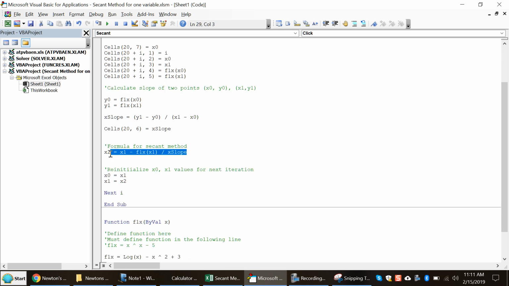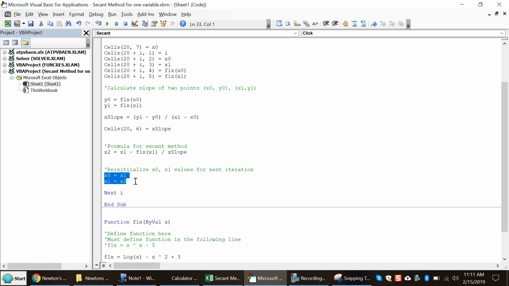This is the formula for the secant method, which is Newton's method. My first guess, okay, minus the evaluation of that guess, okay, divided by the slope. All right? That's it. And that's all there is to it.